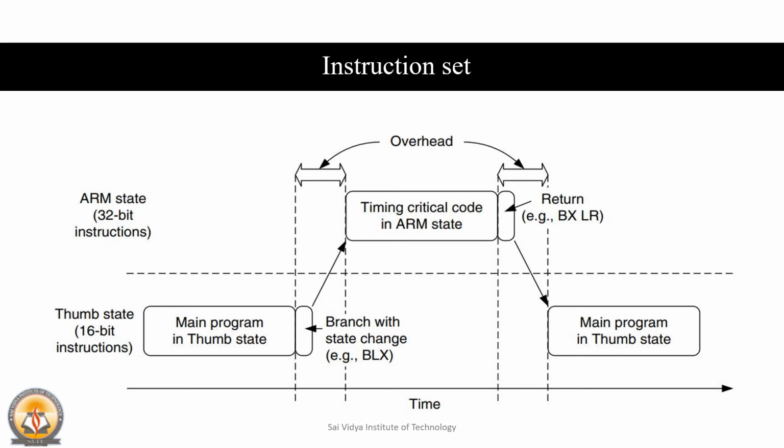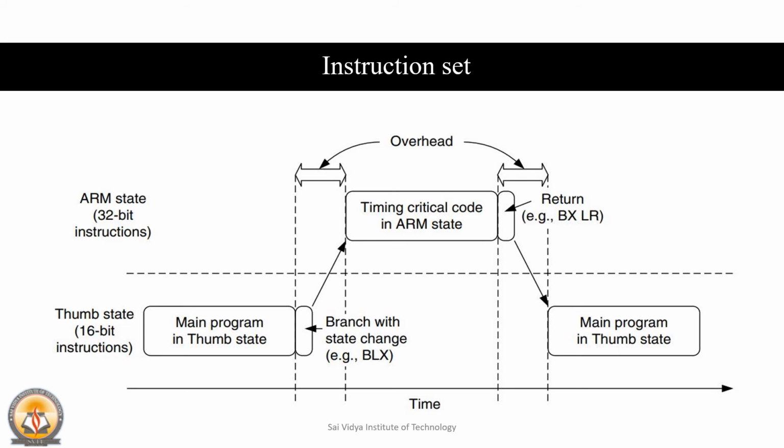In the previous ARM processors, the central processing unit, or the CPU, has two operations, a 32-bit ARM operation and the 16-bit Thumb operation. In the ARM state, the instructions are 32-bit and can execute all supported instructions with high performance.